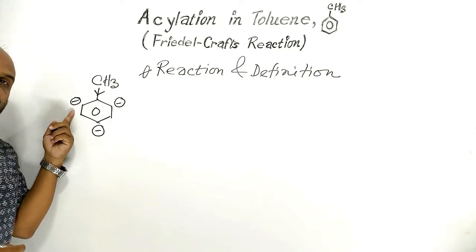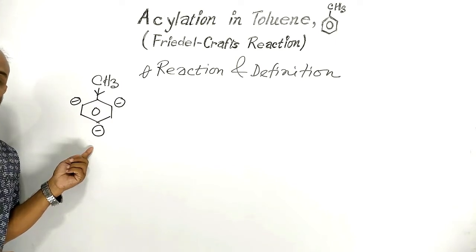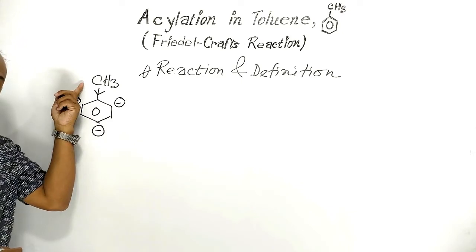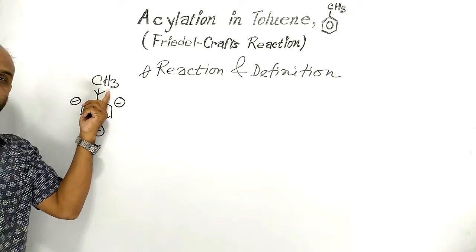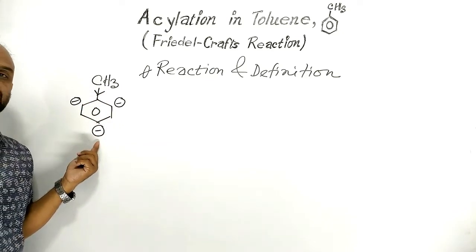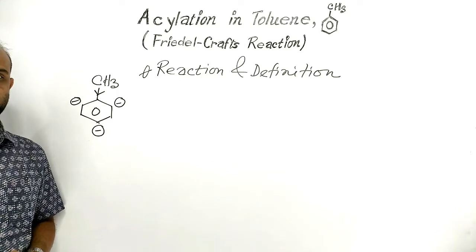Ortho positions and para position become electronically rich because of the presence of methyl group. On account of this, methyl group is said ortho-para directing group. This is also known as benzene ring activating group.